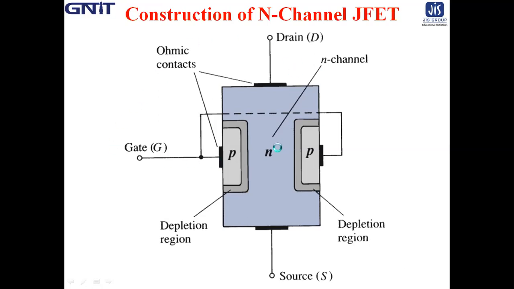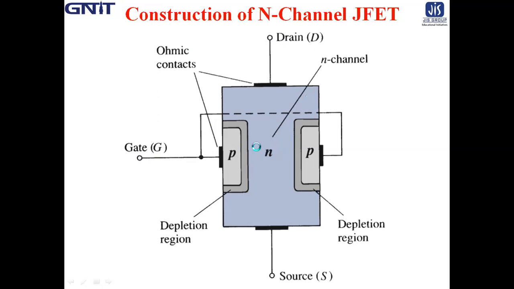So that's all about the physical structure and construction of the N-channel JFET, and another main part is the channel. Here we assume that it is an N-channel JFET, so the channel type is basically an N-type silicon bar.